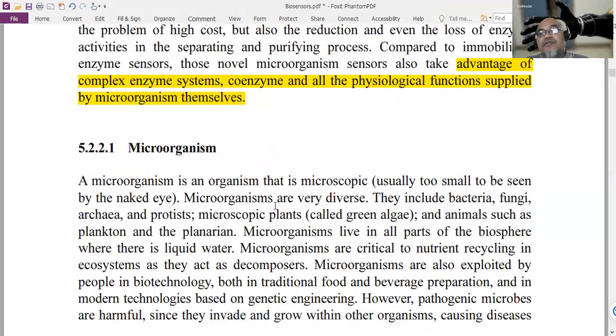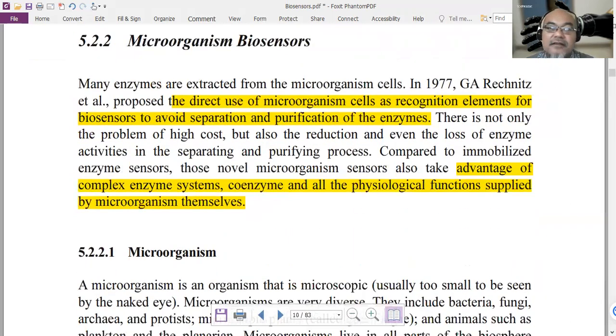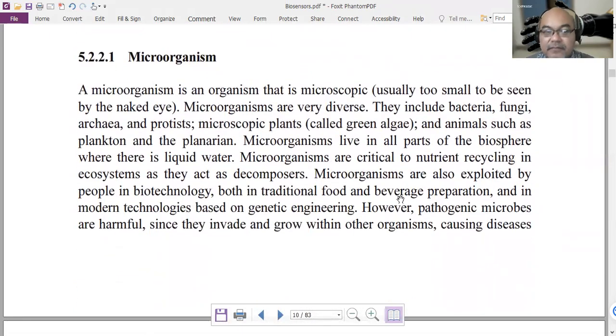The drawback, however, is that usually they are slower compared to purified enzyme sensors, because the analyte requires some time before it can react with the enzyme of interest, and then also with the other coenzyme system, until the effect of that reaction can be detected by the transducer outside. So this will require some time. So usually the drawback of microorganism or whole cell biosensors is that they are slow in their transient response.